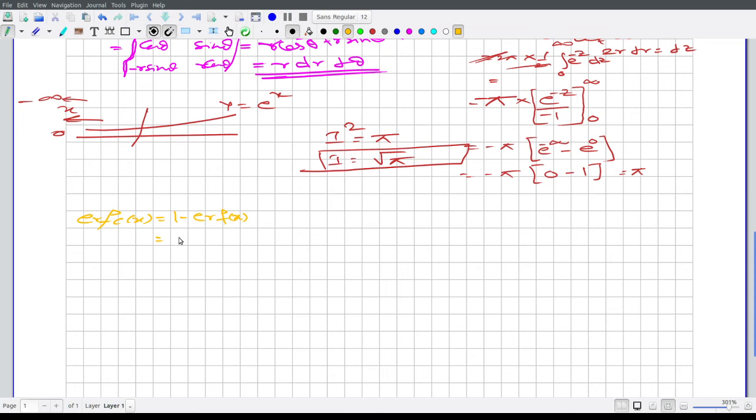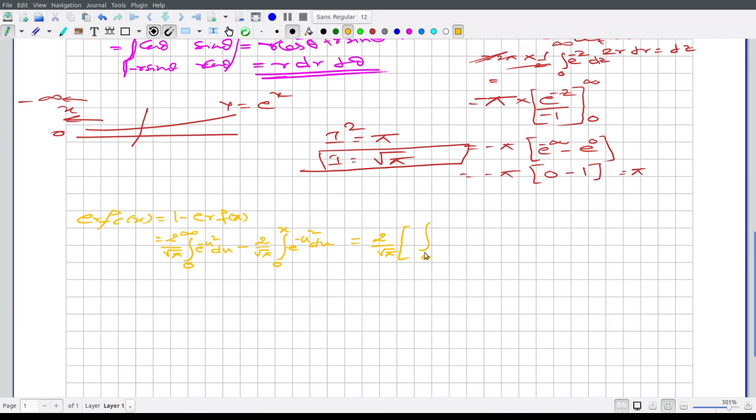Now this value should be 2 by root pi, for 1 I have already derived, the integral 0 to infinity e to the power minus u square du, and the other one is also 2 by root pi, the integral 0 to x e to the power minus u square du.